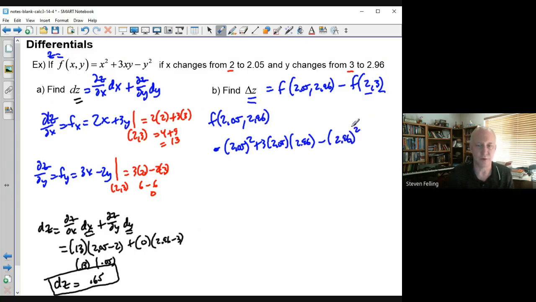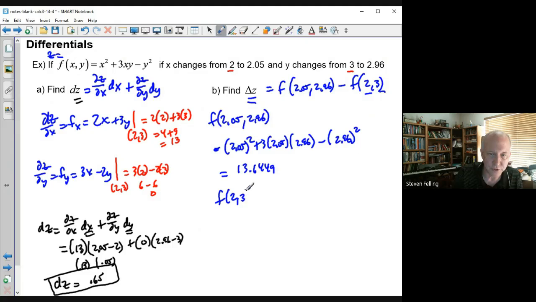Let me just evaluate that again. 2.05 squared, plus 3 times 2.05 times 2.96, but minus 2.96 squared. Sure enough, that's 13.6449. I must have made a mistake earlier then.